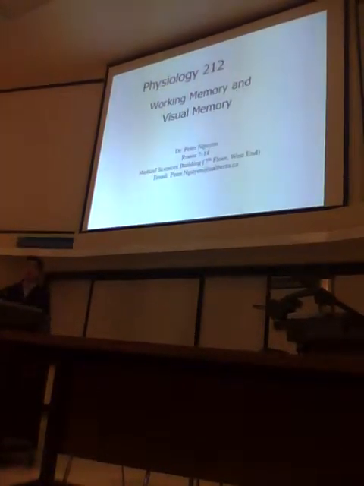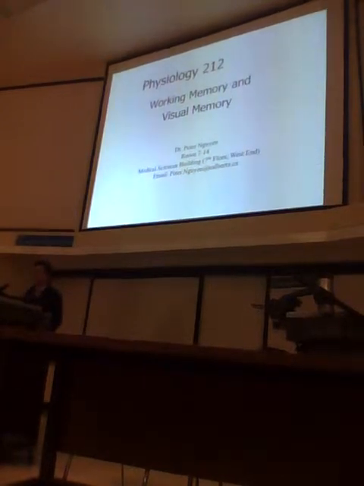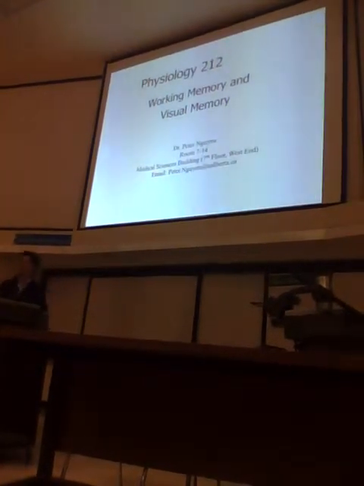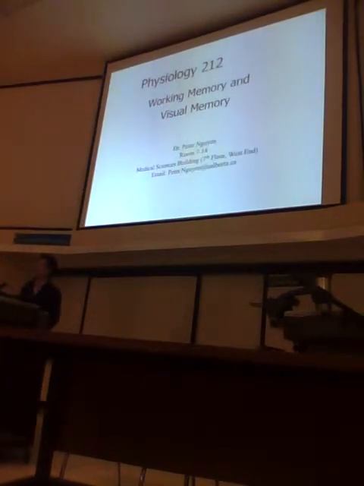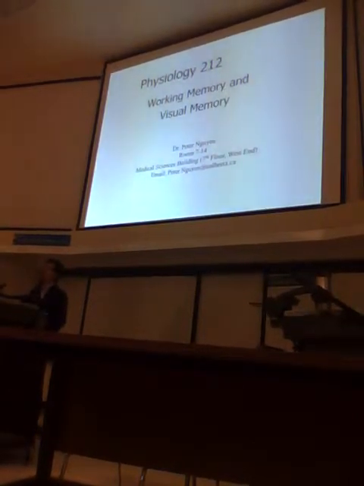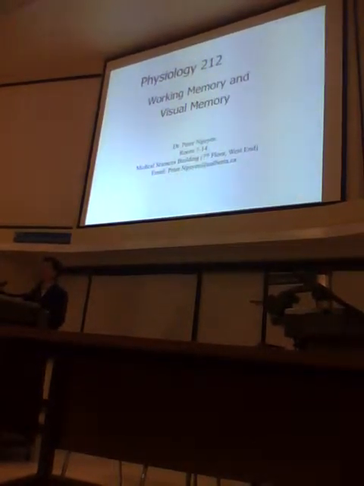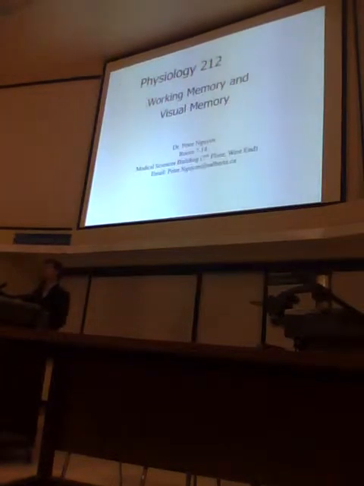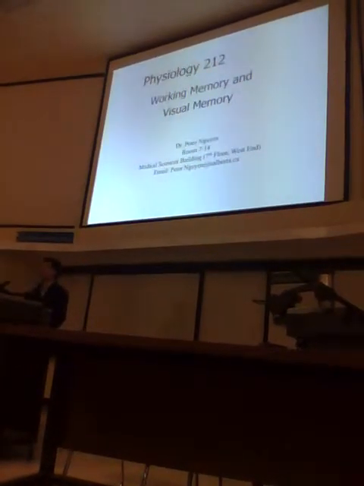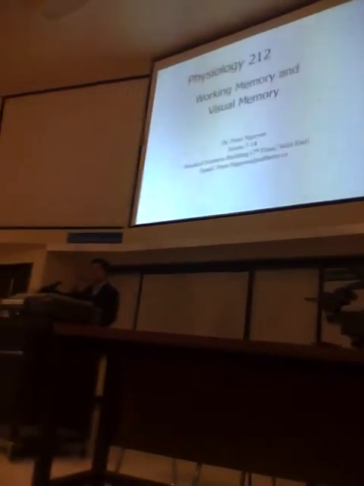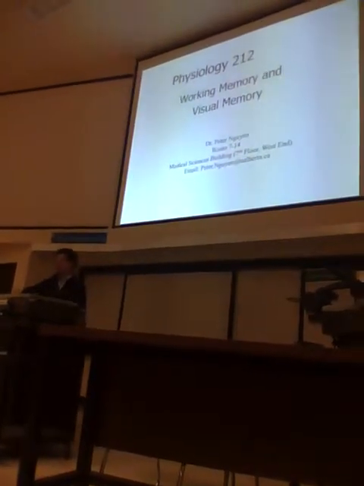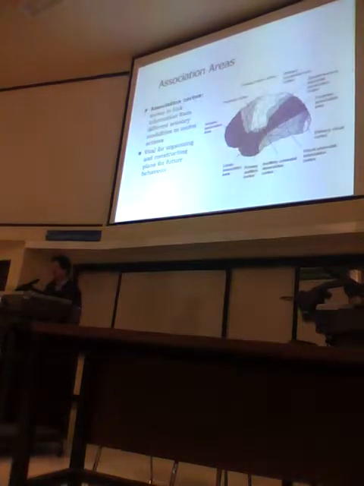on working memory as well as on visual memory. And so far we've talked almost exclusively about primary sensory cortex, for example, primary somatosensory cortex and primary visual cortex back here. But there is a higher order cortex known as association cortex.